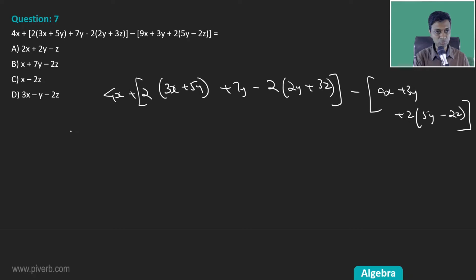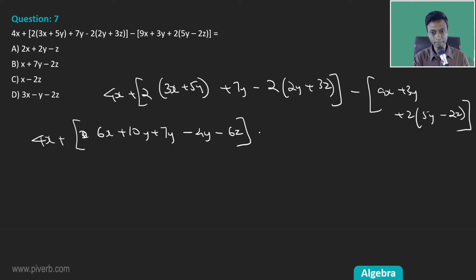And let's keep this 4x separate, plus 2 times (3x plus 5y), that is 6x plus 10y, plus 7y minus 4y minus 6z, minus 9x plus 3y plus 10y minus 4z.